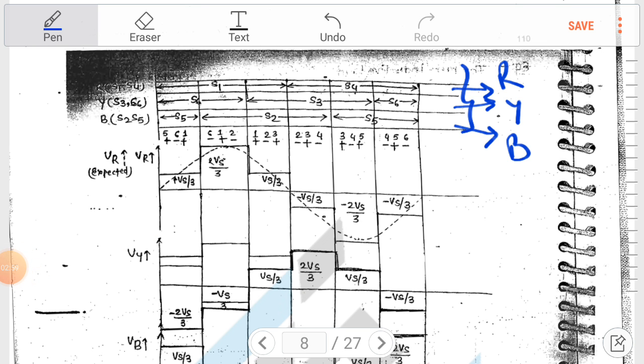A stepped phase voltage appears when we apply the switching diagram as shown above. But what do we expect? We expect the output waveform should be pure sinusoidal.